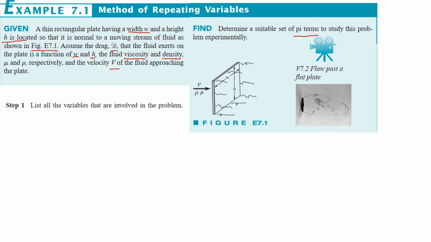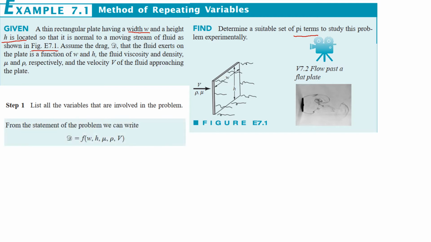So the first step is to list all the variables that are involved in the problem. The variables involved include the dependent variable and the independent variables, and as we can see from the statement, our dependent variable is the drag force, and this drag force is dependent on the width of the plate, the height of the plate, and the density, viscosity, and velocity of the fluid.